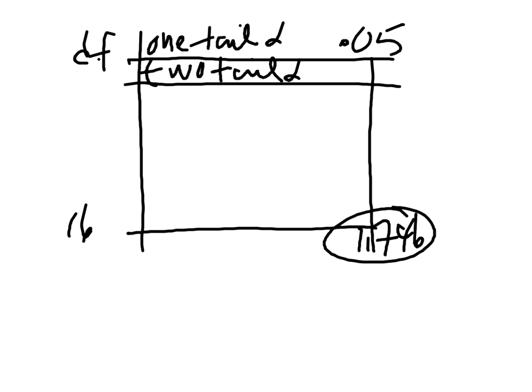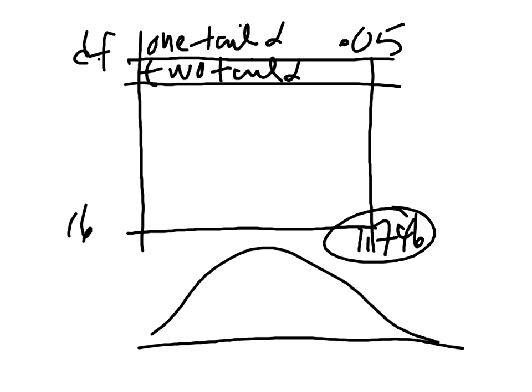Now, just to do the best possible job I can on this, what would happen if this was a left-tailed test, where we had an alpha of 0.05?